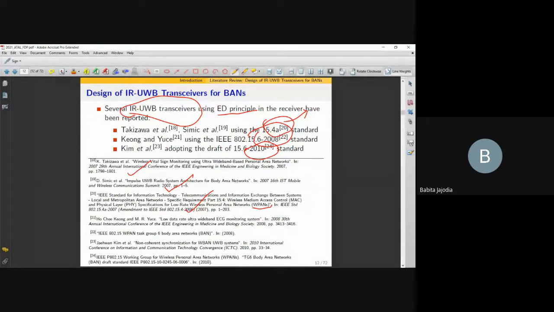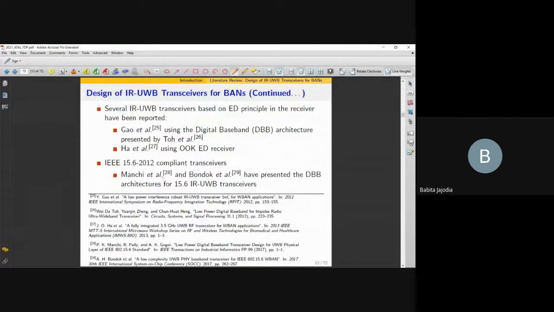Similarly, there are many other literatures where the energy detection principle was used to design the IR-UWB, and Gao was a person who tried to design the digital baseband as well. As I have mentioned, suppose this is a transmitter, you receive the signal here, then you use energy detection, so you get the energy.